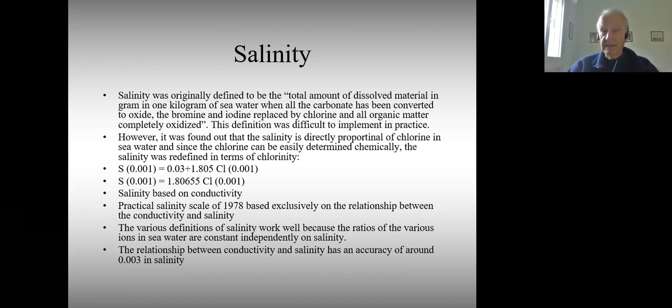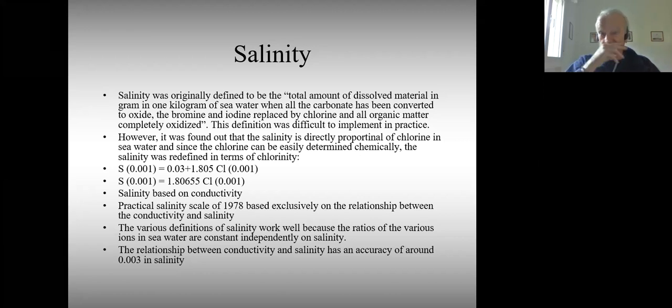So simply saying, that means that the organic matter, the phytoplankton, zooplankton, they don't enter into the salinity, neither bacteria. So salinity is all the inorganic material which is contained in the seawater.